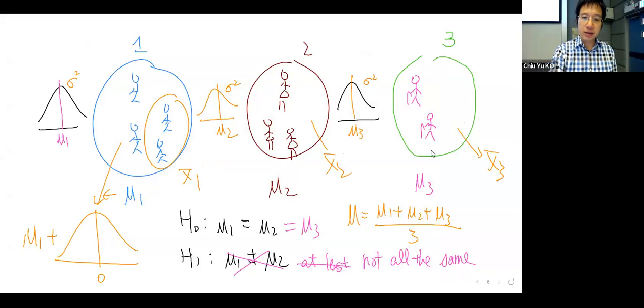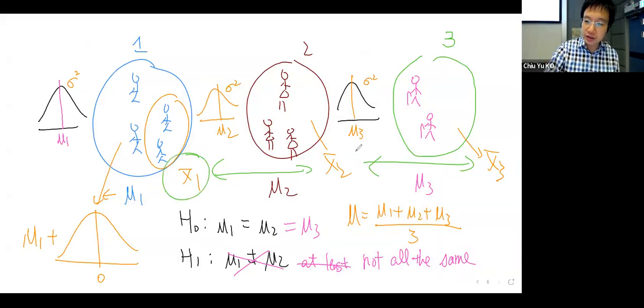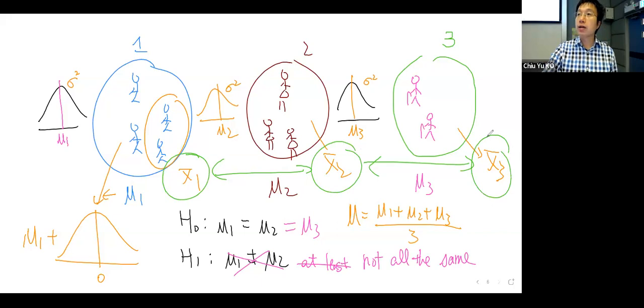I'm asking the variance between them. Okay. And I look at the variance within each data set. Okay. If there is no difference, the grouping has no meaning, these two variances will be very similar. If not, you will see the grouping, because if they're the same, this variance will be almost close to 0, right?